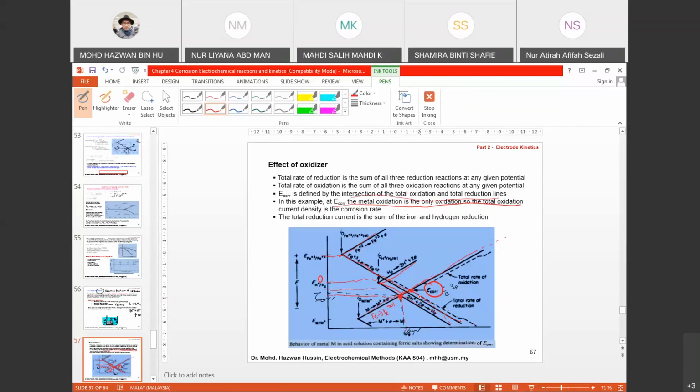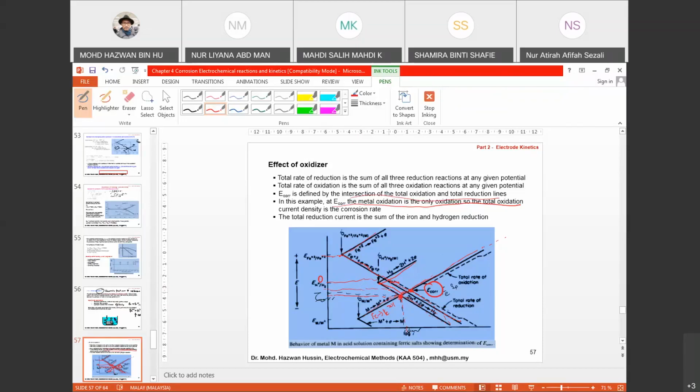Okay. So this dotted line is the total reduction rate, and this is the total oxidation rate. You will notice that there's a slight change over here, right? For hydrogen, the reduction line is here. And when you add Fe3+, earlier on I told you that when you add oxidizer, your potential will be slightly shifted.